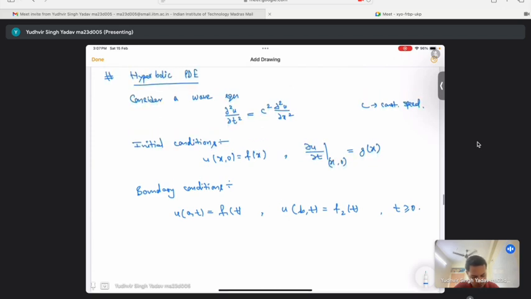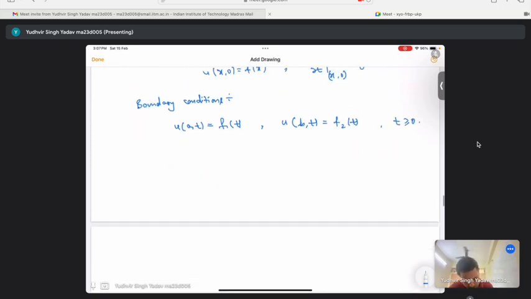Here, one thing you can note is that earlier we had only one initial condition in the case of a parabolic partial differential equation or heat equation. But here we have two initial conditions and two boundary conditions.